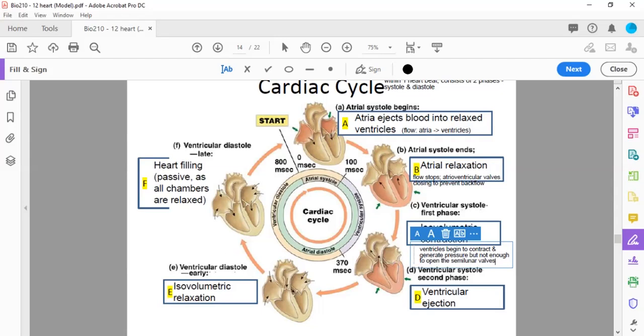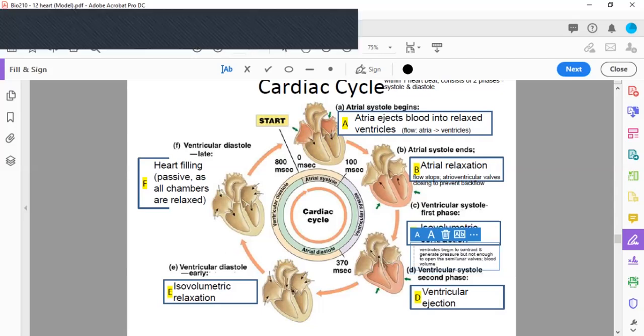For that reason, the blood volume in the ventricles remains the same. What that really means is there's no flow.